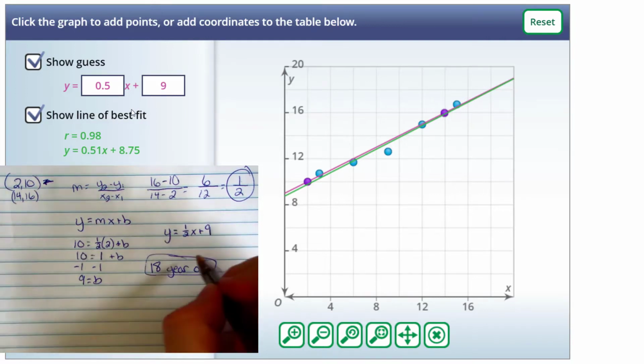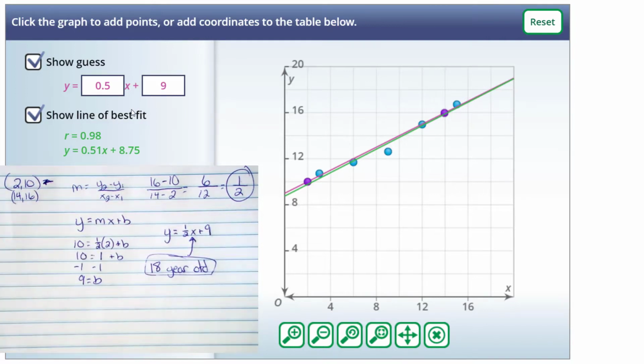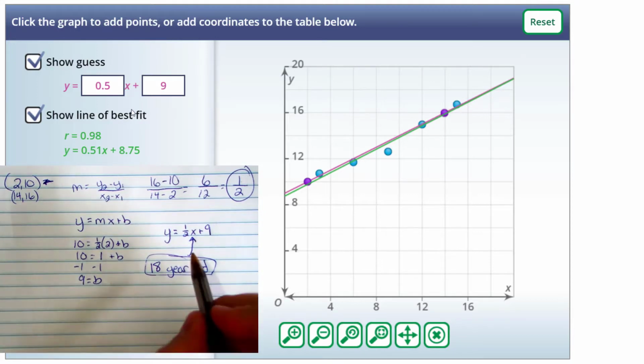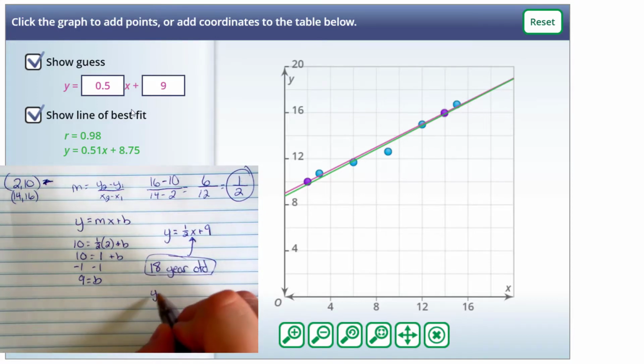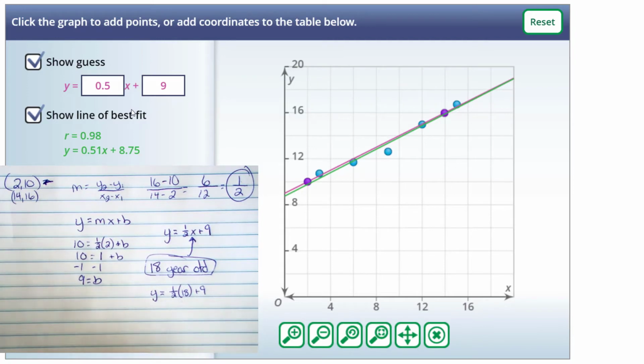And since it's our x value on our graph, it will also be our x value in our equation. And so we could plug in what we know. Y is equal to 1/2 of 18 plus 9. Well, 18 times 1/2, that's 9, plus 9 is equal to 18.